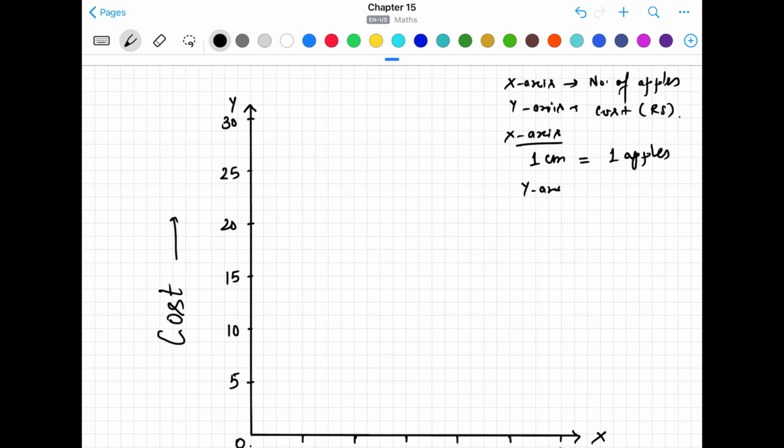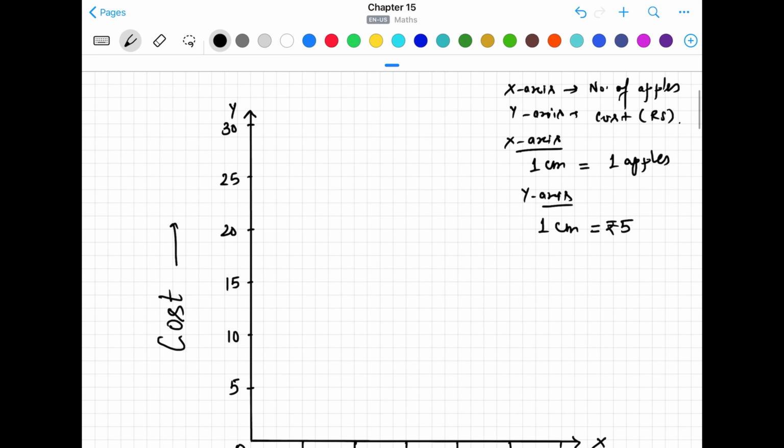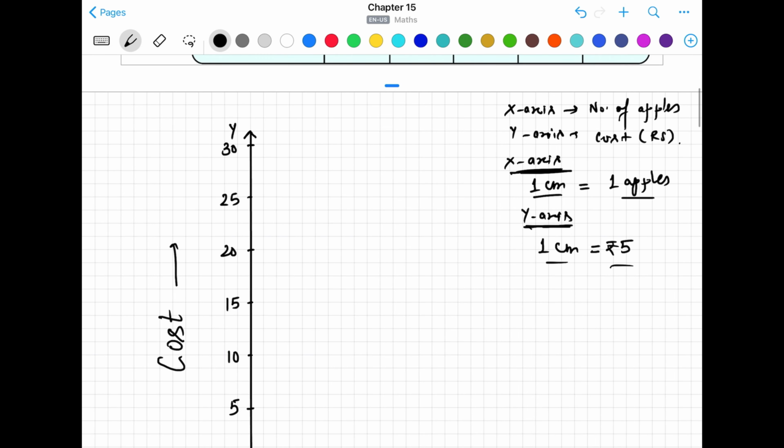And on the y-axis you will choose 1 centimeter, that is 1 box, equals 5 rupees. You have to mention this every time you draw a graph. That is the explanation of the scale of the graph. So we are taking 1 centimeter on the x-axis as 1 apple, and 1 centimeter on the y-axis as 5 rupees.